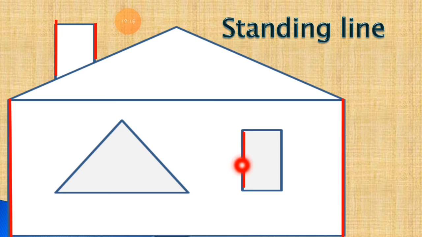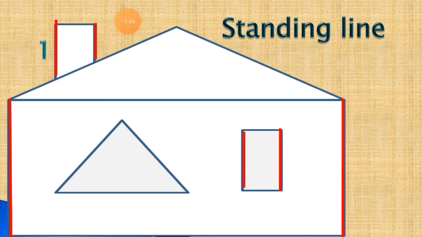This one is the standing line number 5, and the next standing line is number 6. So how many standing lines are given in the picture? This house is made with 6 standing lines. We are talking about the standing lines only.